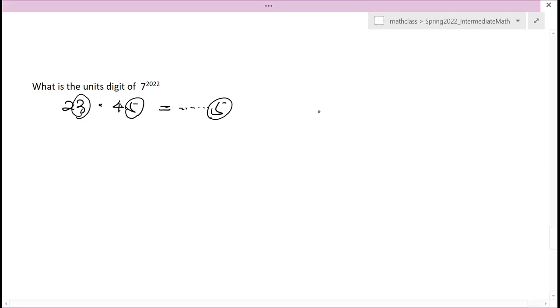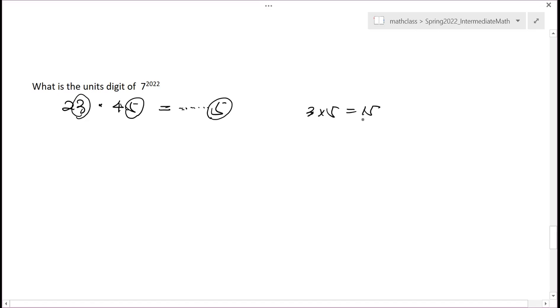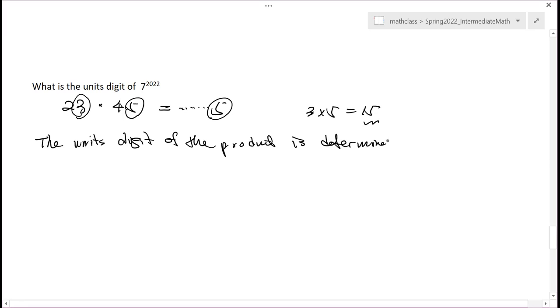So the units digit of the product is determined by the product of the units digits.